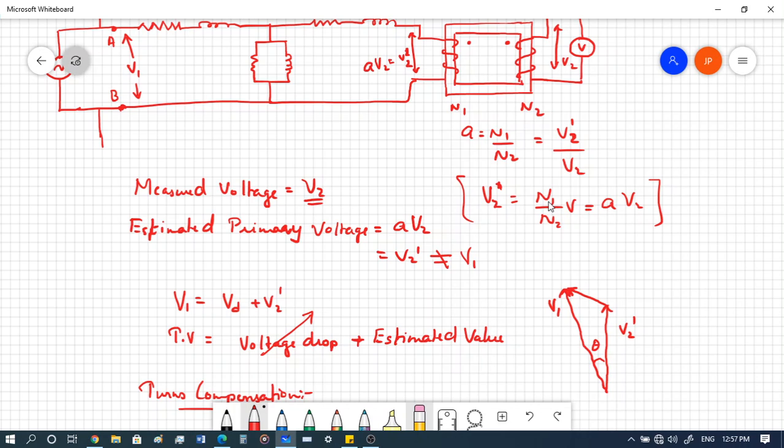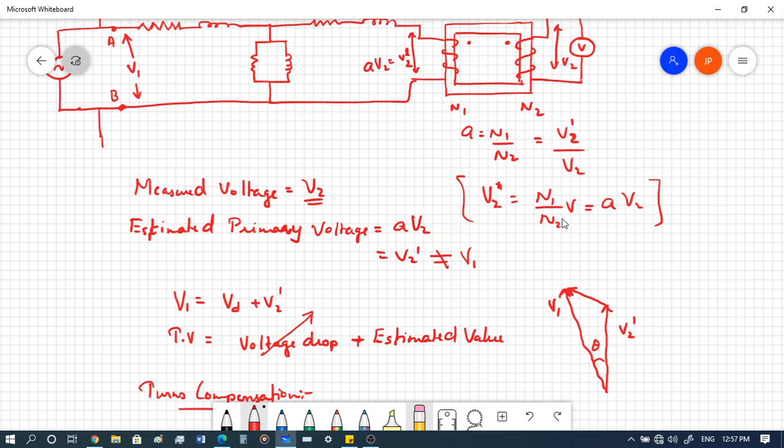In the previous case, I think we decreased the number of turns of N2. The same can be done over here, or we can increase the number of turns of N1.